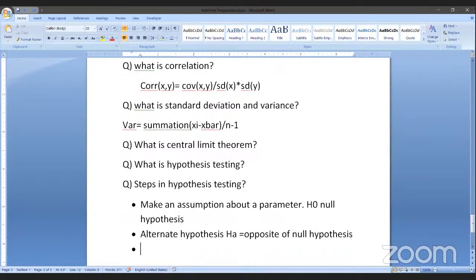Then we do the tests as Power said, normality test, sample test, ANOVA, Shapiro, all that we do. So using the sample data, we test whether H0, the null hypothesis, is true or not. Means if it is false, it can be rejected.